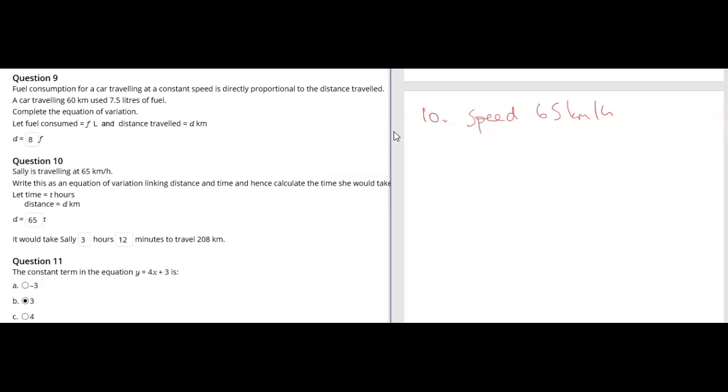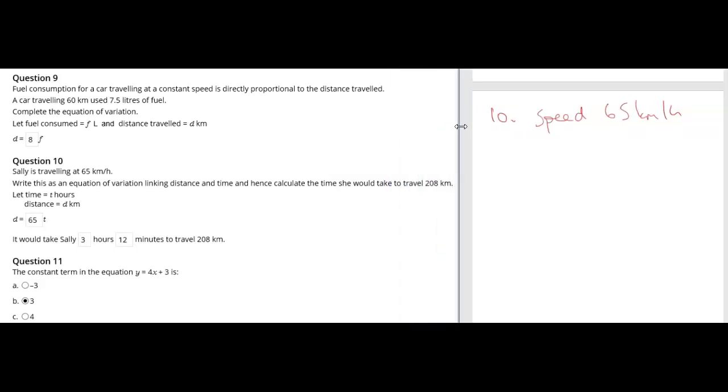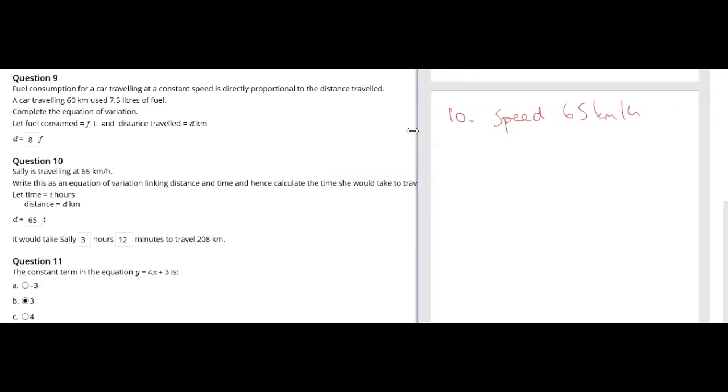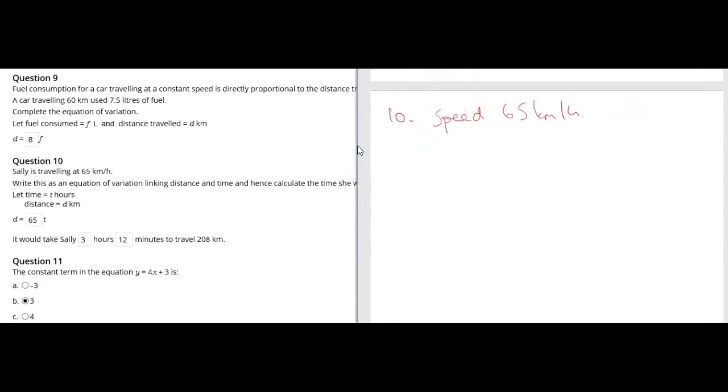Let me just keep reading. To travel 208 kilometers. Okay, so I'm just going to write that down so I don't have to do it again. So 208 kilometers. So your distance is equal to, well, 65t. So if t is 1, we've traveled 65 kilometers. If t is 2, we've traveled 130 kilometers.